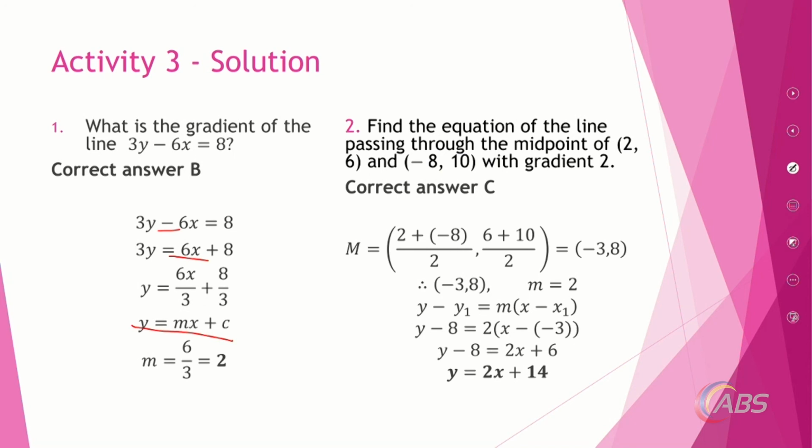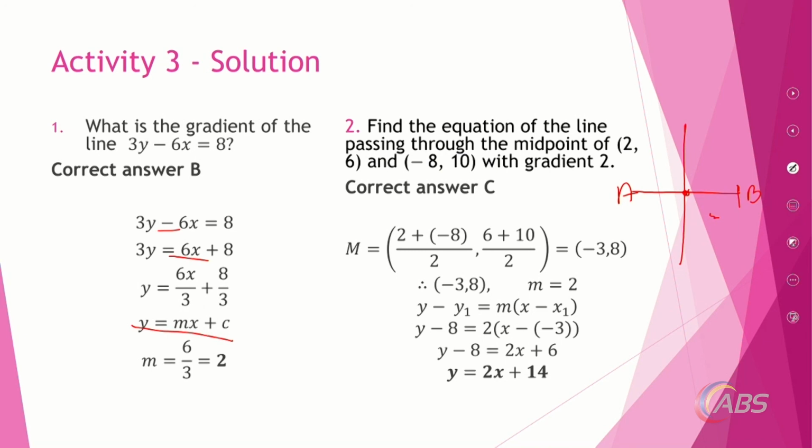Then we look at the second question here, where we are to find the equation of the line passing through the midpoint of 2 points. So we're given 2 points and we're given a gradient. Because it states that the line passes through the midpoint, so for example, if we have A and B, and we're told that the line passes through the midpoint, then it would pass through here, which is the midpoint.